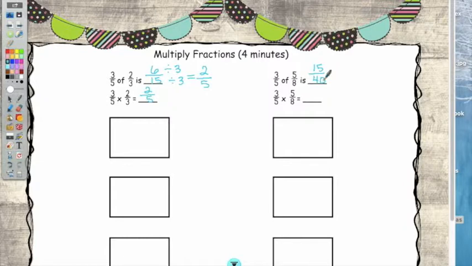Euridia, 3/8. What did you divide by? 5. 15 divided by 5 is 3. 40 divided by 5 is 8. Is she correct? Yes. All right, fist to 5 on multiplying fractions.